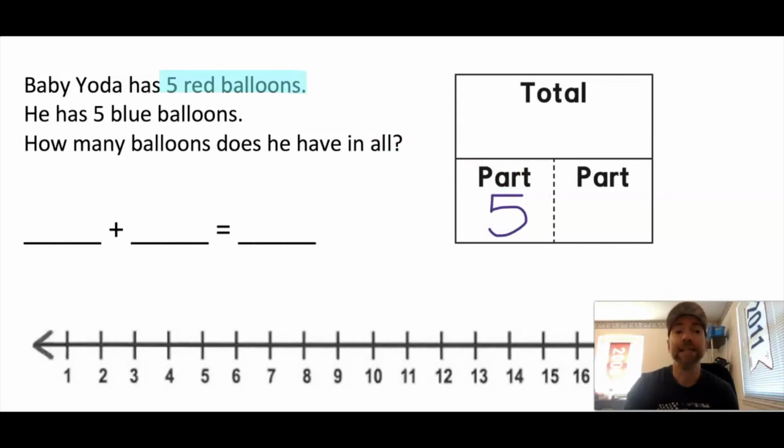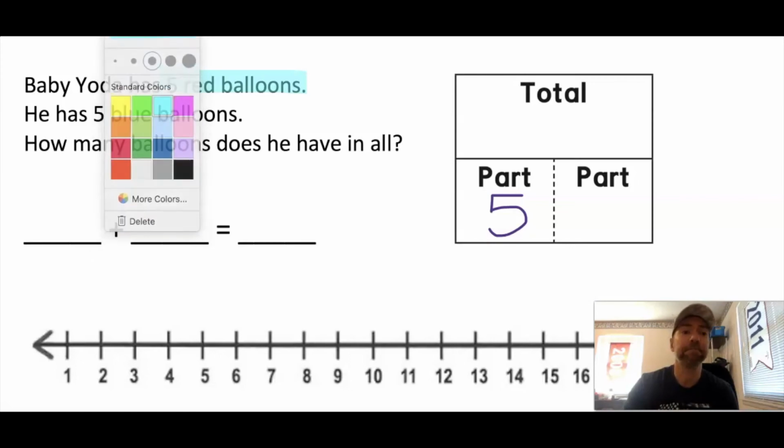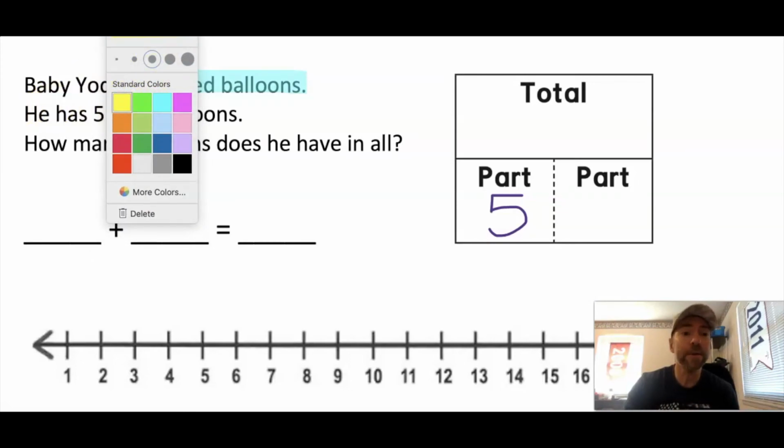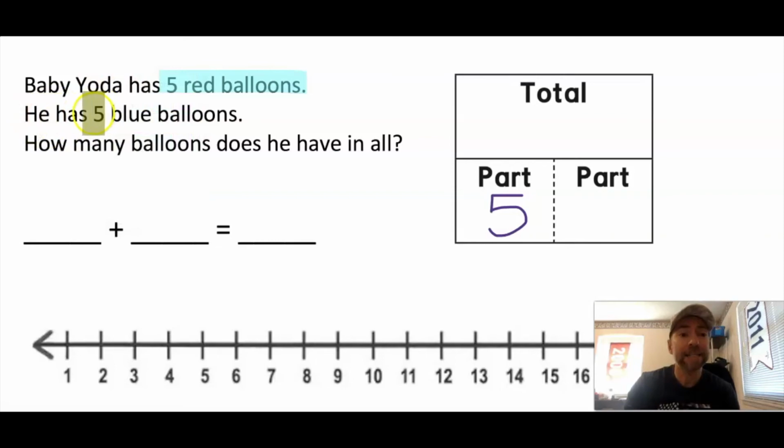Baby Yoda has 5 red balloons. Our story continues. He has 5 blue balloons. Well, where do you think I'm going to put that part? That 5 is going to go in our other part. How many balloons does he have in all? That's our total. But we don't know right now, so we put a question mark.